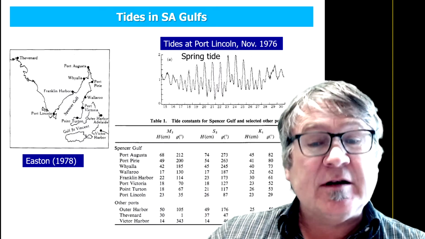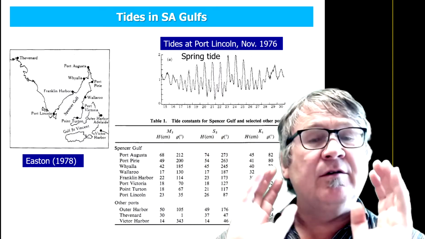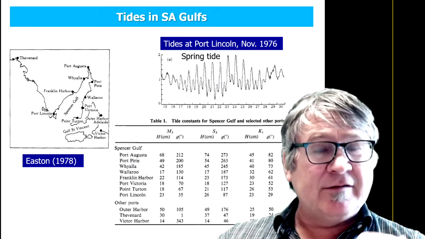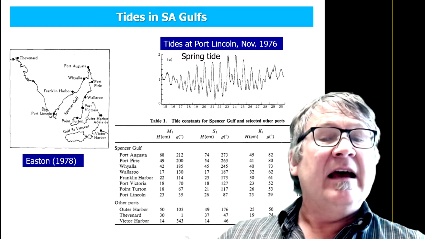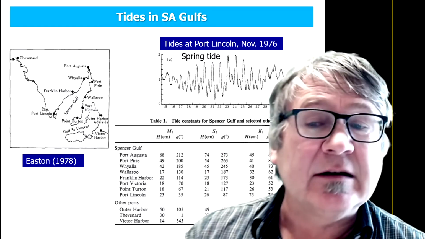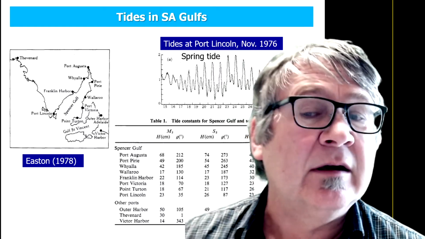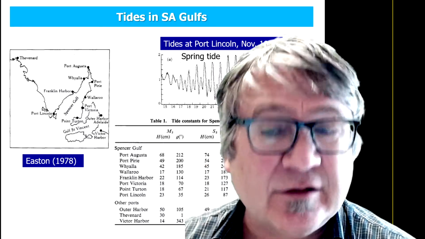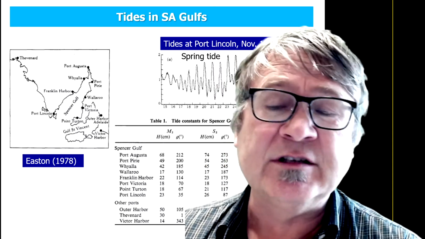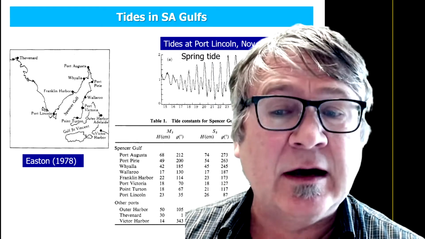Okay? So what are the special features? Special features is that you get an amplification of the tides as you go into the upper Spencer Gulf. So you get a relatively large tidal range of 3 meters in that area during the springtime, and also relatively strong tidal currents.